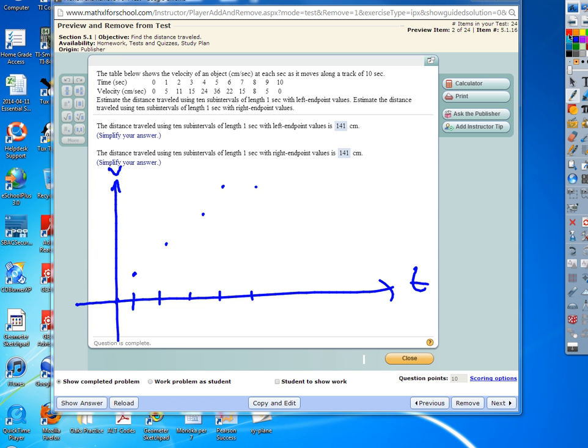Well, there's the first one, there's the second one, etc. You're just going to add up a bunch of areas of rectangles to estimate the area under this presumably smooth curve if we connected the dots. Make sense?